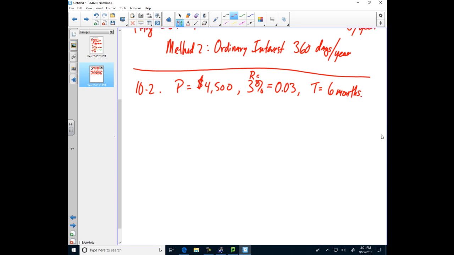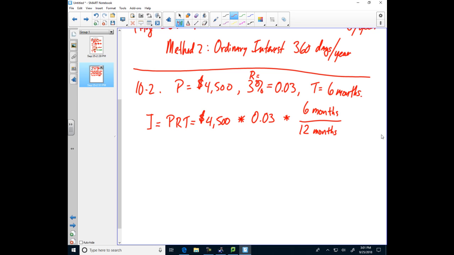Now we're supposed to find the interest. I equals PRT, remember, so we have $4,500 times 0.03 times the time, which is 6 months divided by 12 months.